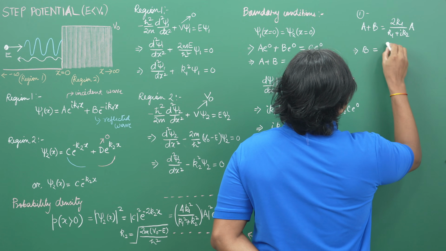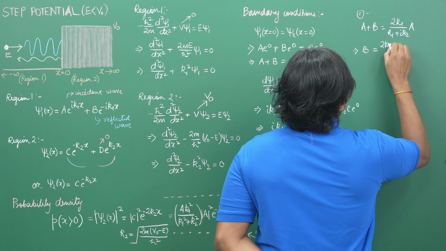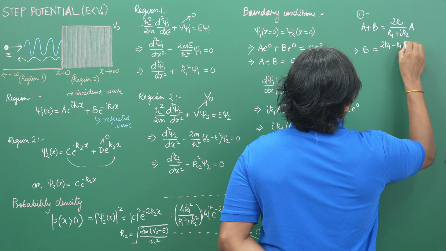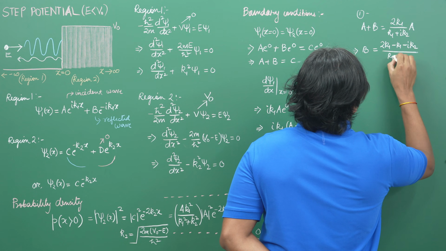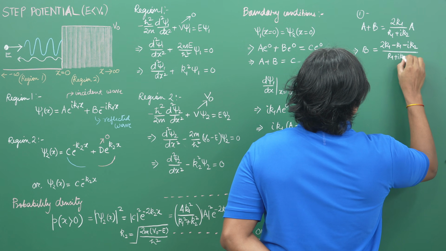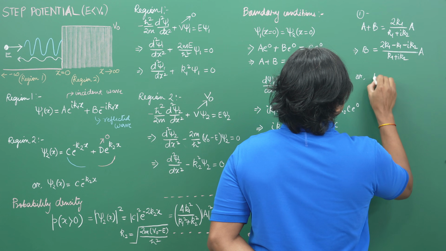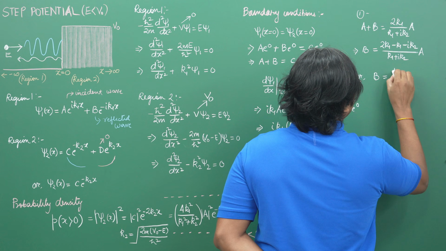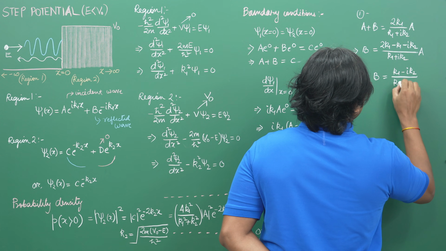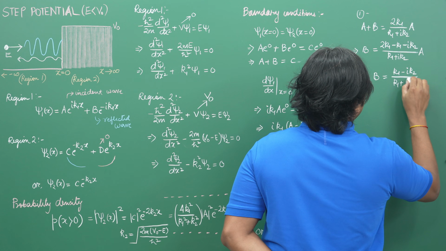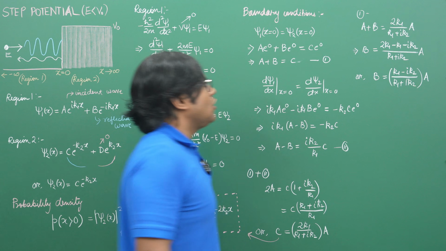B is equal to 2K1 minus K1 minus iota K2 divided by K1 plus iota K2 times A. So B upon A becomes K1 minus iota K2 divided by K1 plus iota K2. This is the ratio of the constants B and A.